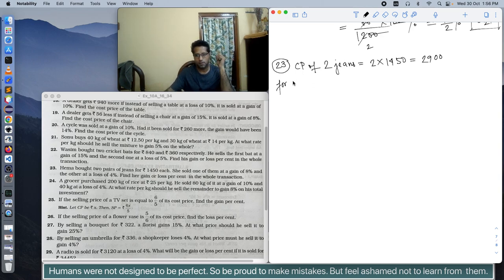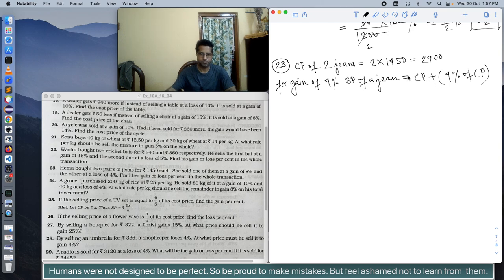So for a gain, the selling price of a jean will be, when there is a gain, we know the selling price will be cost price plus the gain on the cost price, which is equal to the gain percent of the cost price, and the gain percent is 4%. So 4% of CP. Now CP for both the jeans, we know it is given to be 1450.